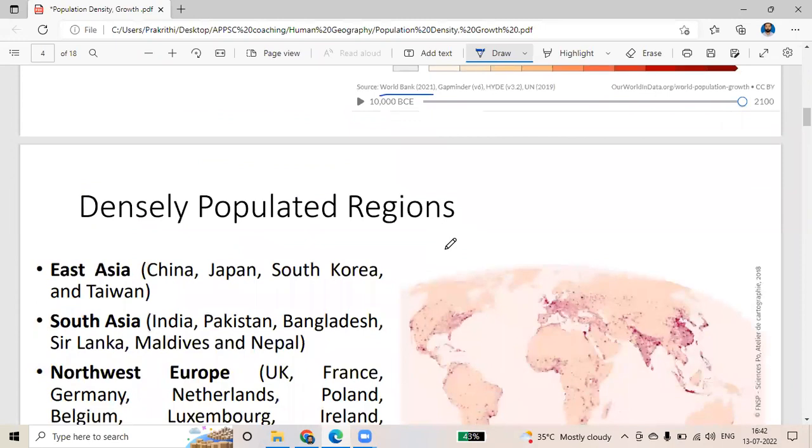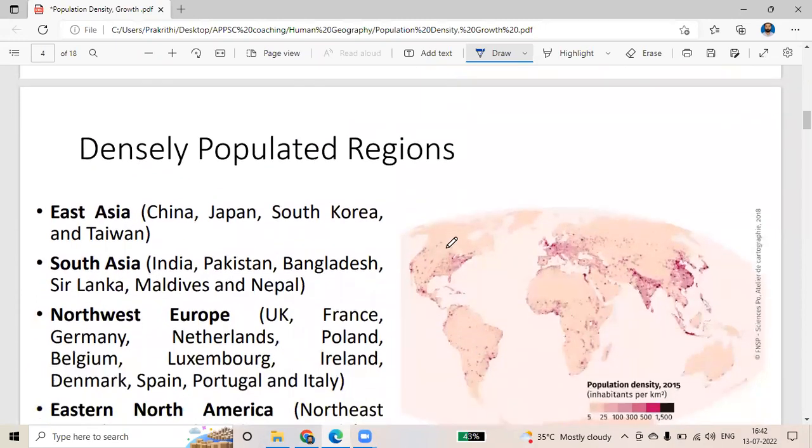Now we can see the most densely populated regions of the world. Continent wise समझ में आया है कौन सी कॉन्टिनेंट में ज्यादा है.